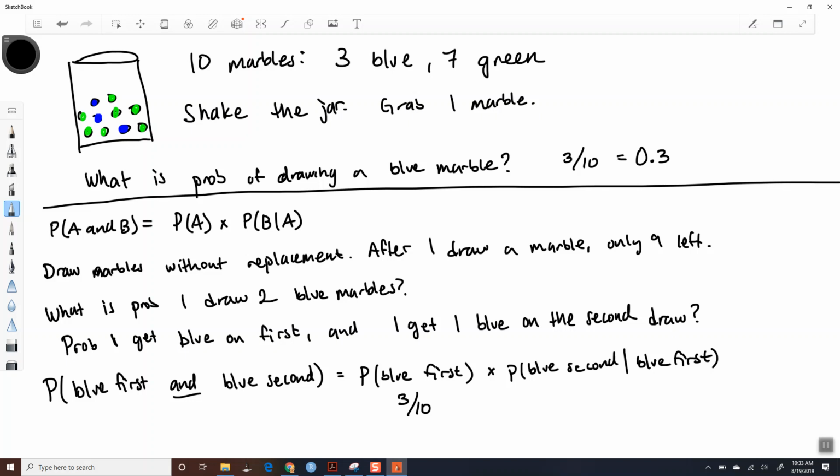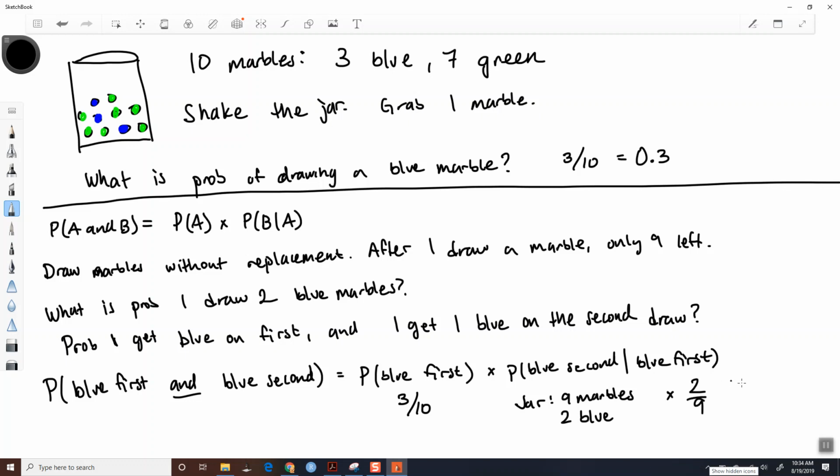So if I've drawn a blue on the first marble, then my jar now has what? 9 marbles, and how many are blue? 2 are blue, right? So the probability of getting blue on the second will be 2 over 9.